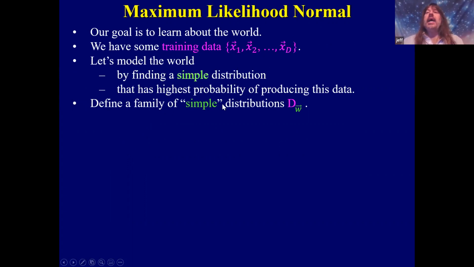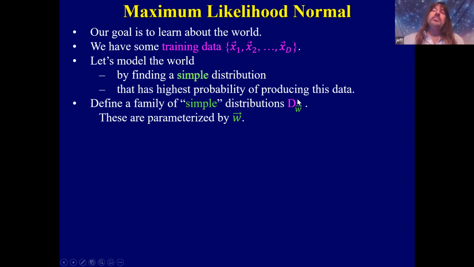And so we're going to define this family of simple distributions, and they're going to be parameterized by our weights. Remember, we're always parameterizing things by weights. You give me a bunch of numbers W, and that will define some probability distribution.